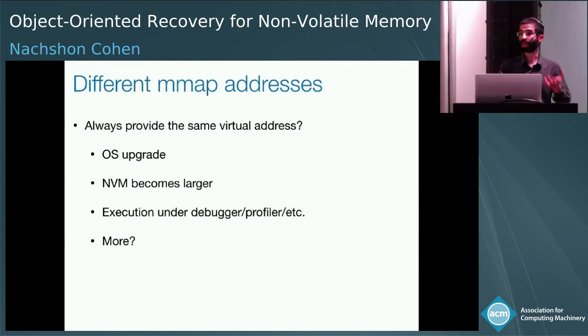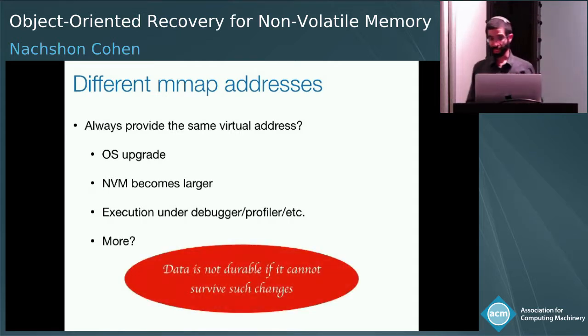We might install a library that just decided to load at address 1,000. And in this case, the operating system cannot give us the same mapping address. And what we really don't want is, after installing some library, someone telling us, sorry, but you cannot have the durable data because we cannot map to this address.